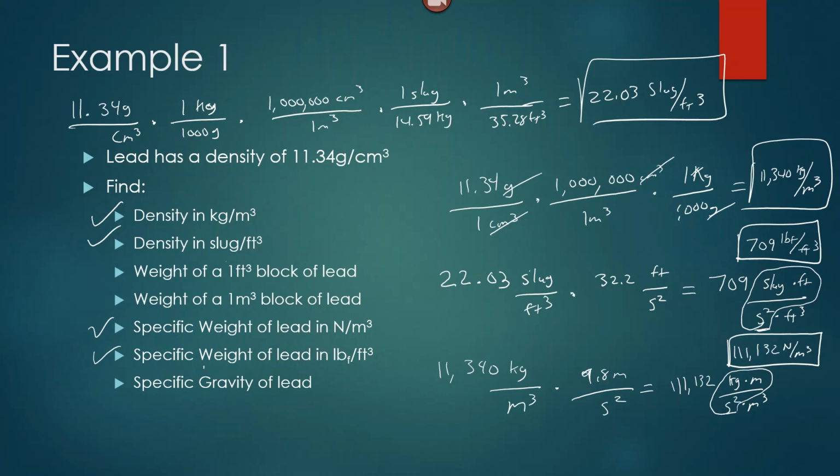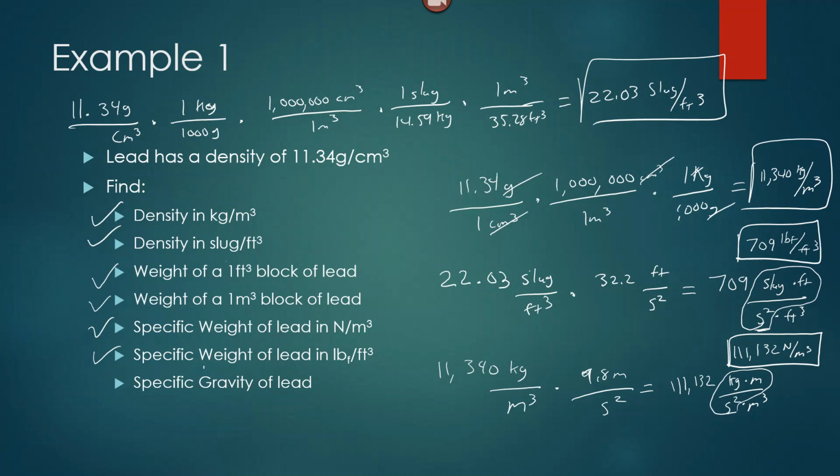So the weight of 1 foot cubed of lead, that's pretty easy. The weight is just going to be the 709, and then the weight of 1 meter cubed of lead is actually going to be 111,132 newtons. So those two are actually done as well.